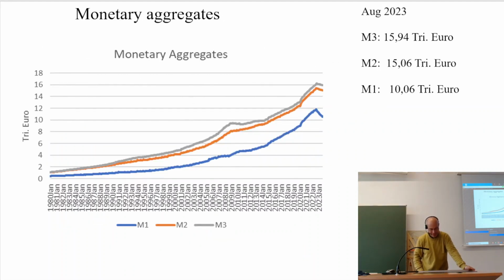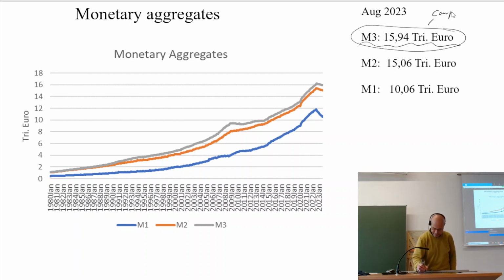Okay, then I want to show you how much money we have if we look at these aggregates. And then, of course, here roughly we have 16 trillion euros. And well, if we compare this amount with the Eurozone GDP, what would you say?